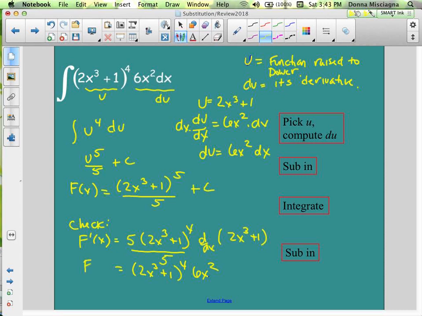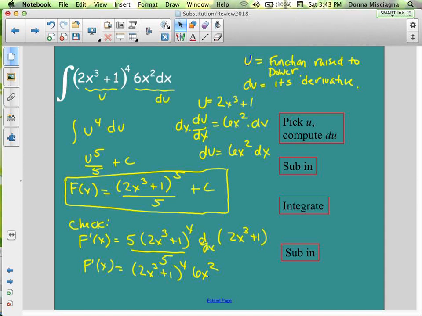And so you see, that checks out, which makes this the integral. All right, so when we integrate, this function is the result. That's what has (2x cubed plus 1) to the 4th power times 6x squared as its derivative. All right, let's try the next one.